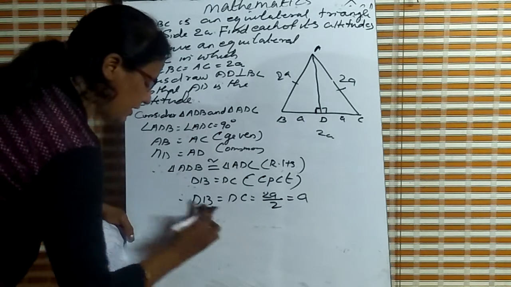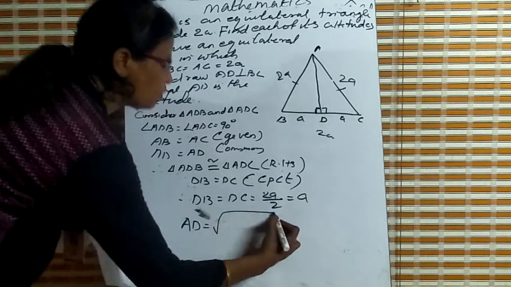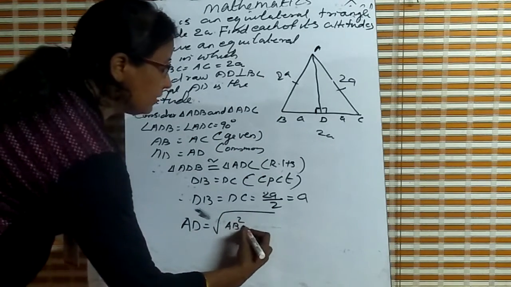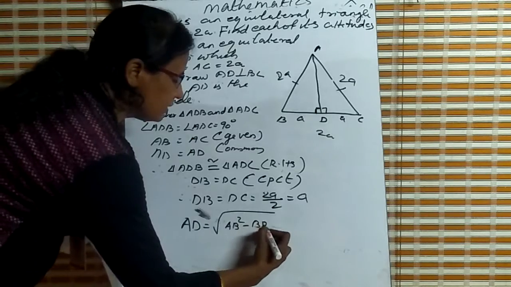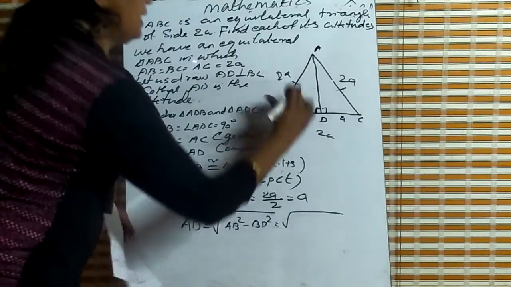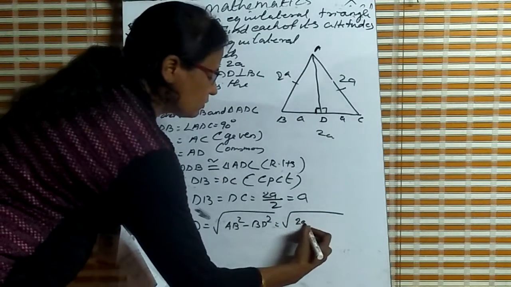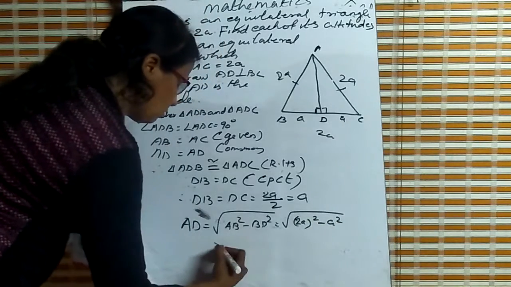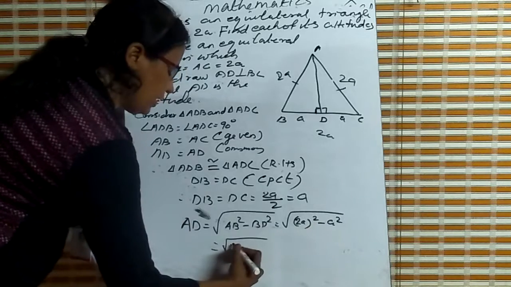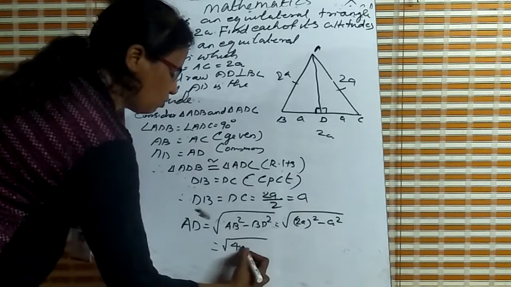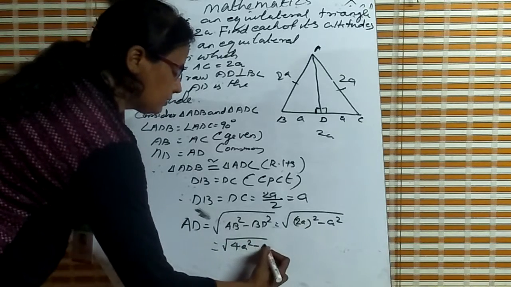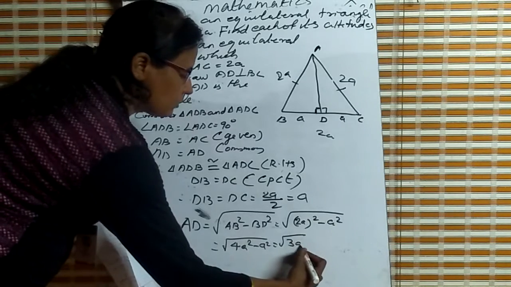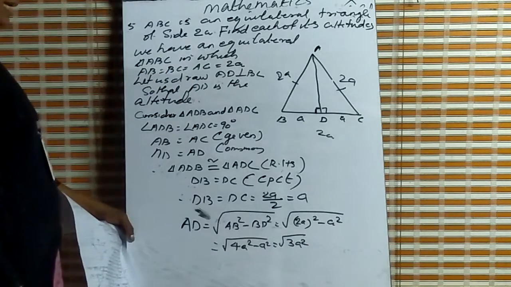AD is equal to square root of AB square minus BD square, equals square root of 2A whole square minus A square, equals square root of 4A square minus A square, equals square root of 3A square.